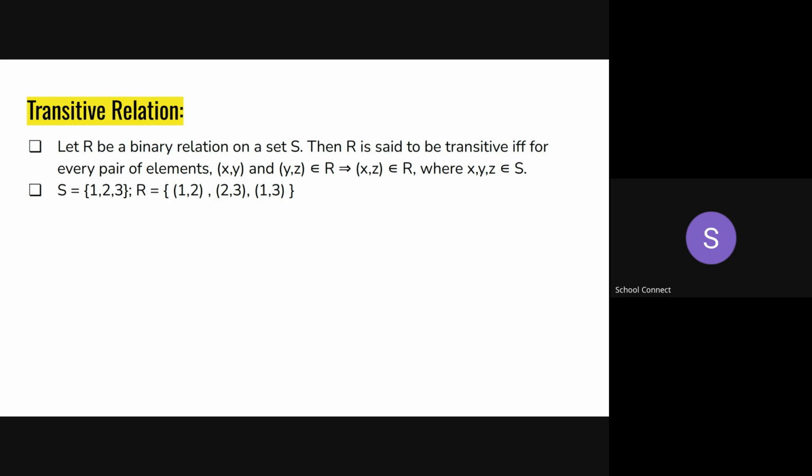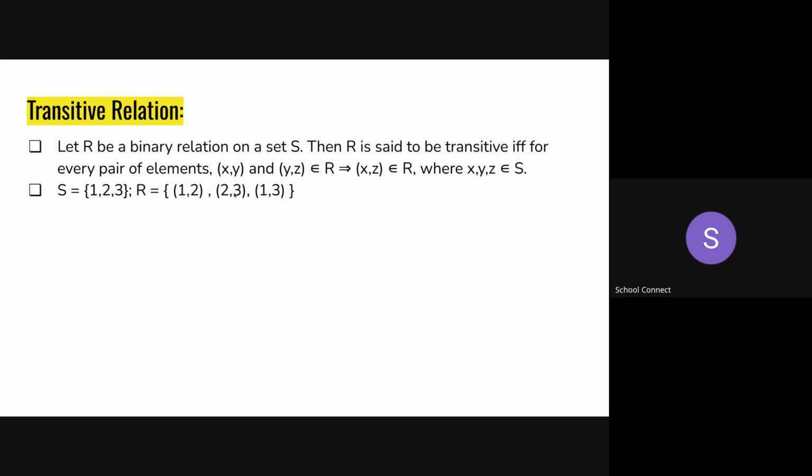Okay. Now go for the second element (2, 3). Now think of it like (x, y). Then see whether there is any element that starts with 3. If you check, there are no elements. So what we conclude is, with respect to (2, 3), if you treat it as (x, y), you don't have any (y, z) to check for (x, z).